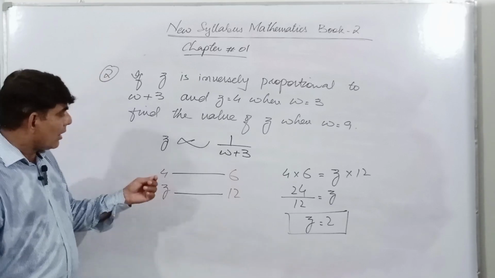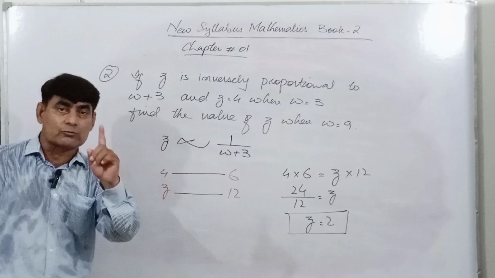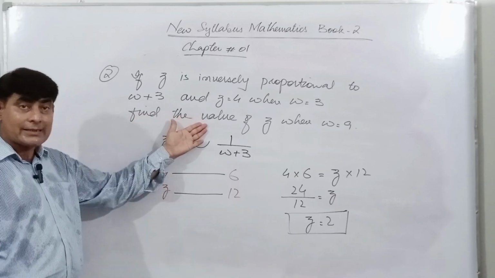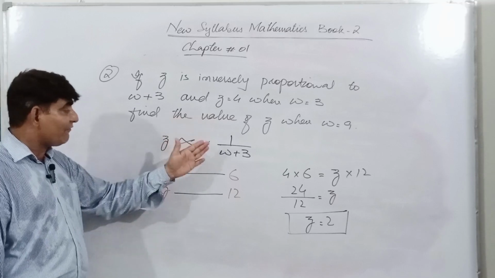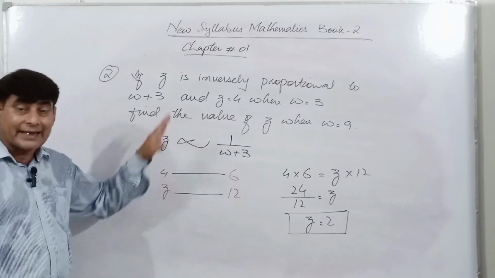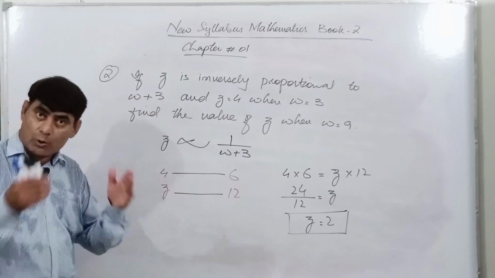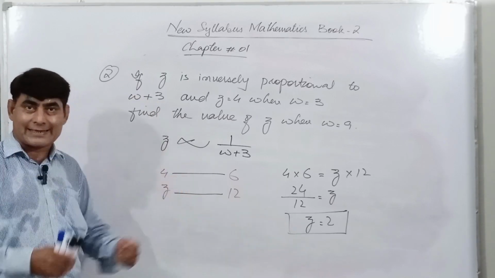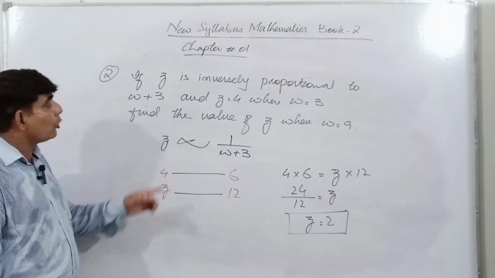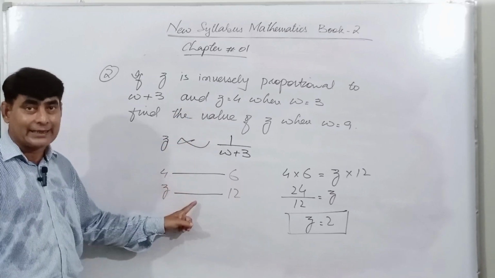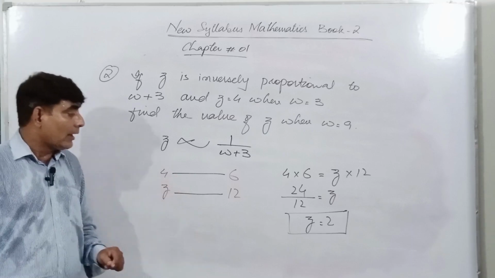But if we are going to find out just one value, if there is a single part like this, I think if you first make a relation and then put the value, it takes more time and more space, right? So in such a question, make a direct calculation like this, okay?